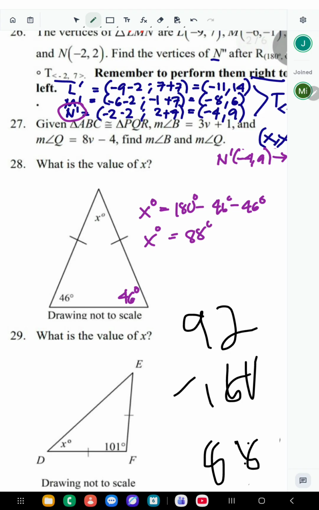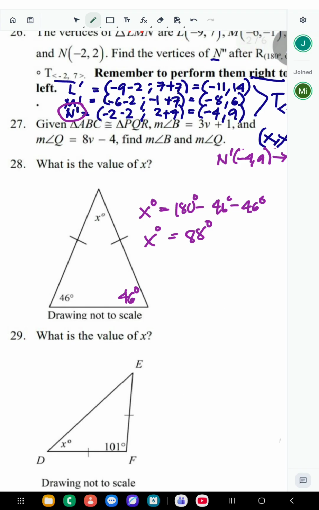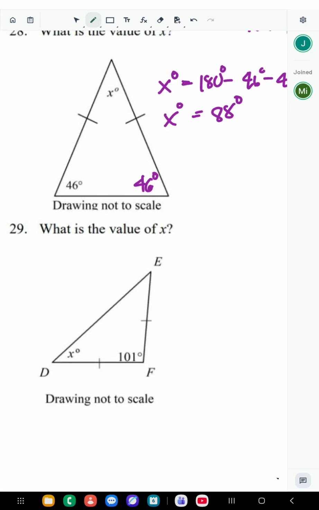Yeah, 88 degrees. Okay, then for 29, what is the value of x? It's indicated that the legs are congruent. So this one is 101. Okay, 89, and they are equal to this one.